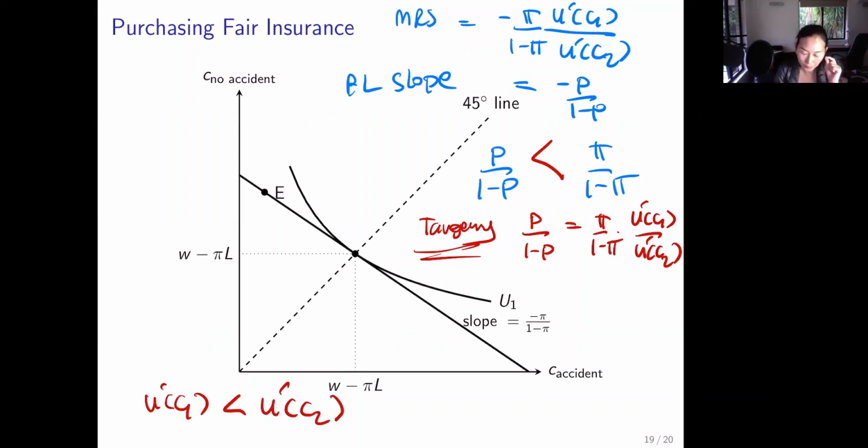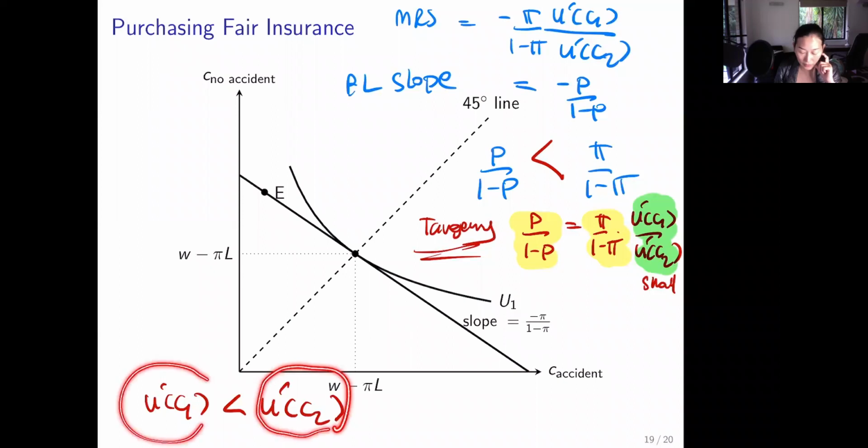This one is smaller than that, so this one has to be small. To be small, this one should be small and this one should be big. And how can we say that this one is big and this one is small?